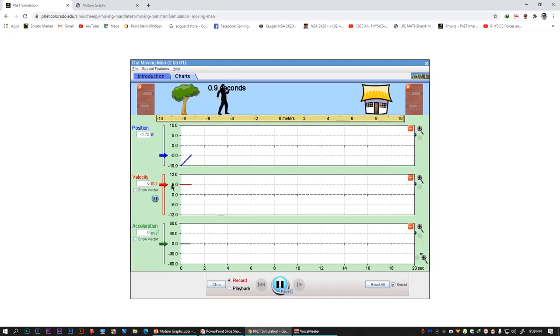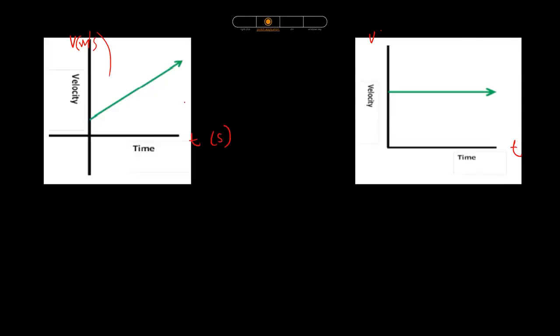As you can see, the velocity time graph is a flat line, but the object is moving. Now the object is at 4 meters from the original position. So the object is still moving, but the velocity is constant, not changing, which is 6 meters per second. So that is the justification of this line.